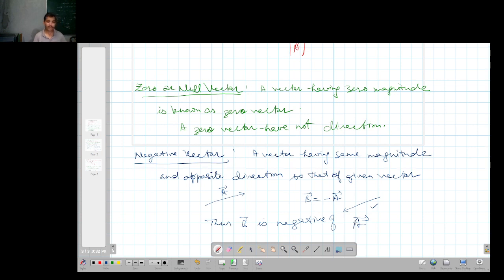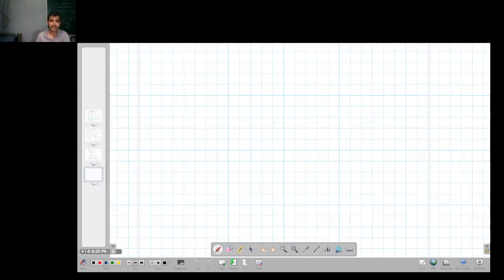Then let us talk about another vector, that is the co-initial vector. Vectors are said to be co-initial. Here we are talking about more than one vector.